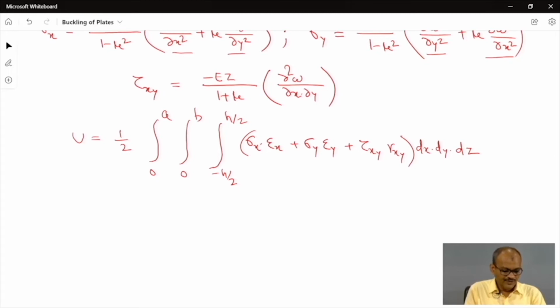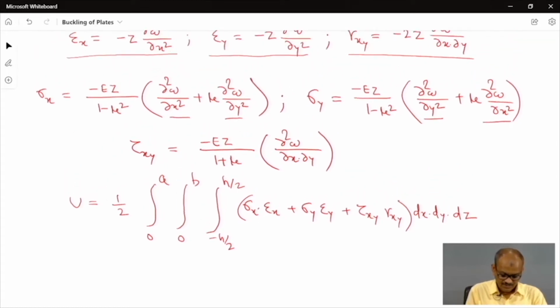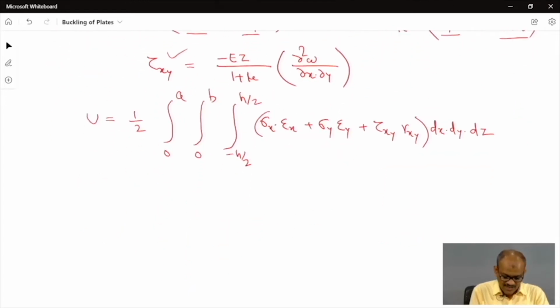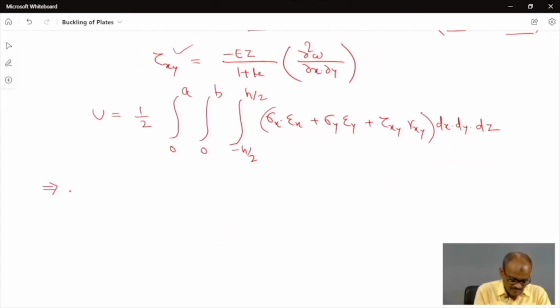Now we substitute sigma x, sigma y, tau xy, epsilon x, epsilon y and gamma xy. I am not going to do it in detail, but it is very simple.